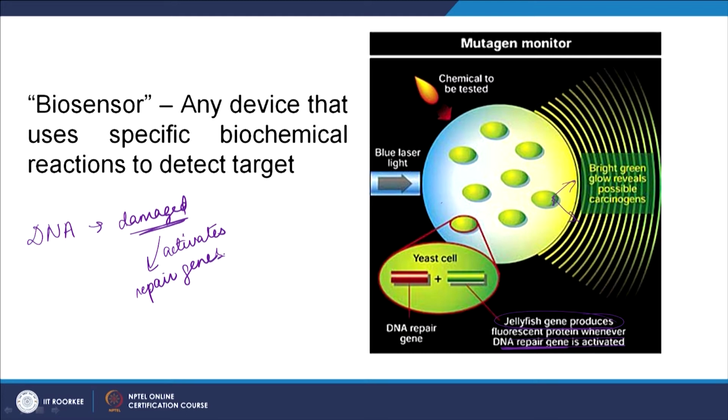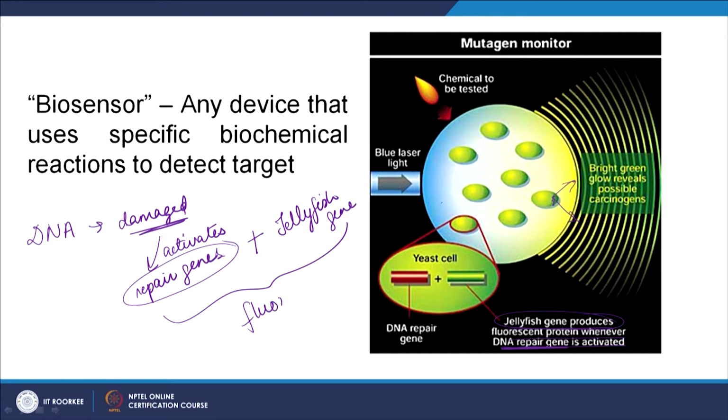So it activates repair genes, and the repair genes, when they interact with a particular gene from jellyfish, let us just call it the jellyfish gene, then together they produce a fluorescent protein. So when they interact with each other, the protein that will be expressed will be a fluorescent protein.